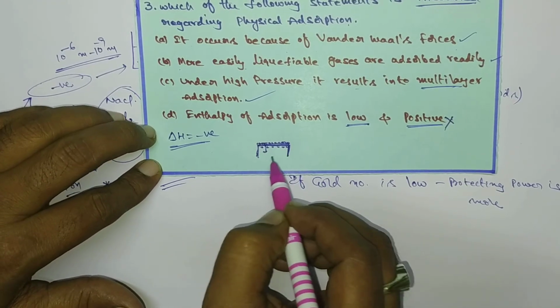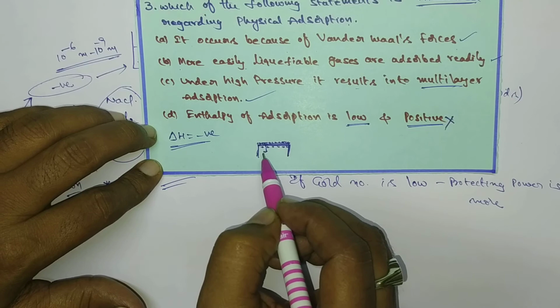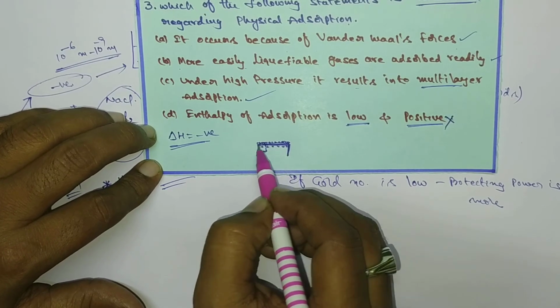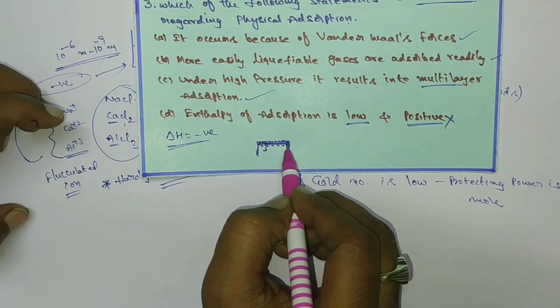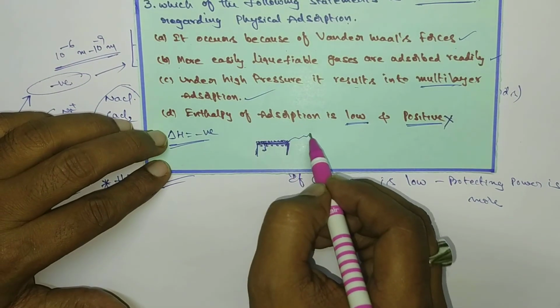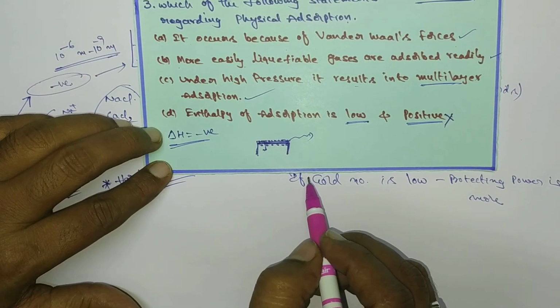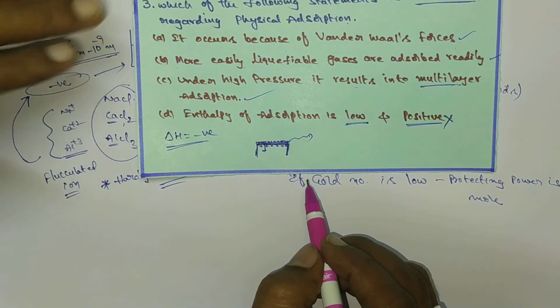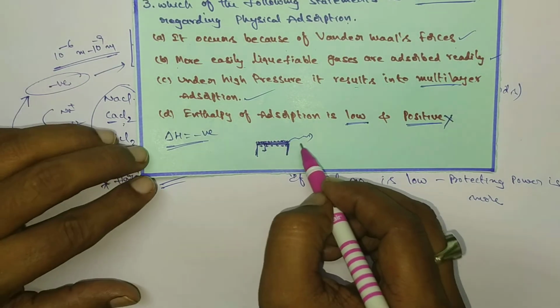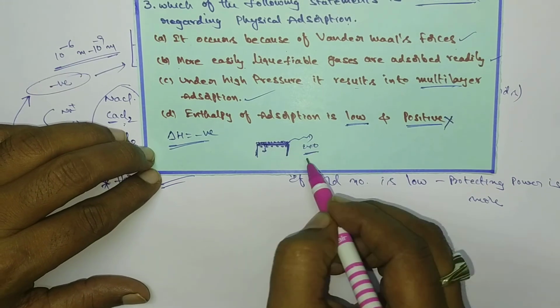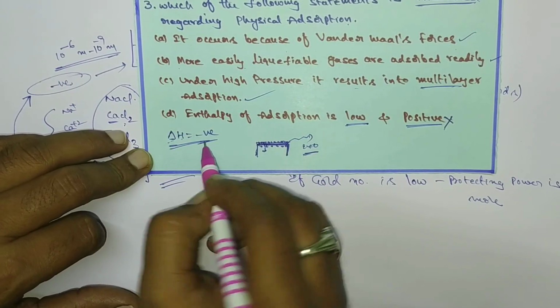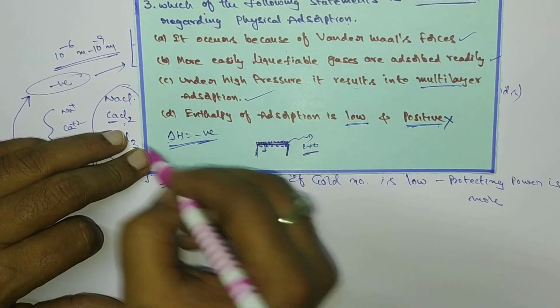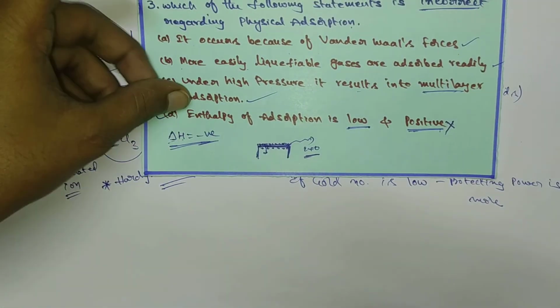So the decrease in surface energy is emitted in the form of energy. Due to the decrease in residual forces, it emits some amount of energy. That means it is an exothermic process. So adsorption is an exothermic process. Therefore, the change in enthalpy delta H should always be negative. But he gave it as positive, so this is the incorrect statement. Okay, clear? Next one.